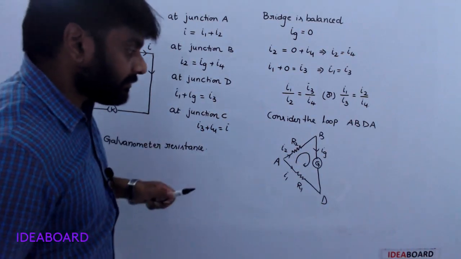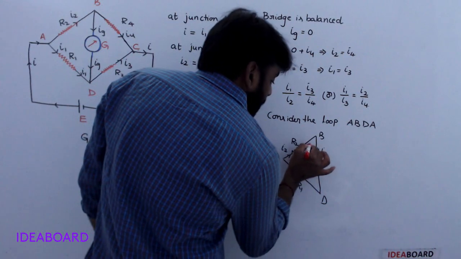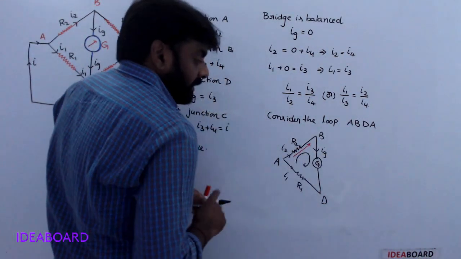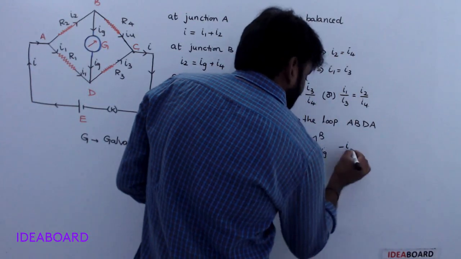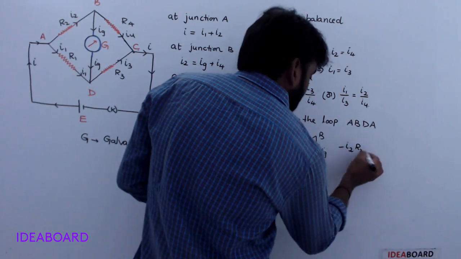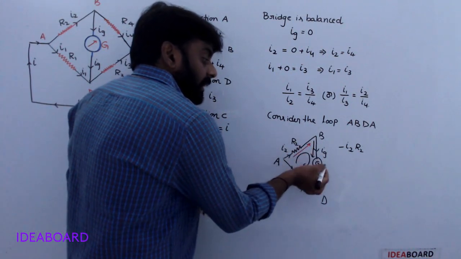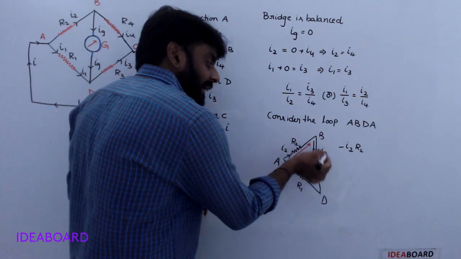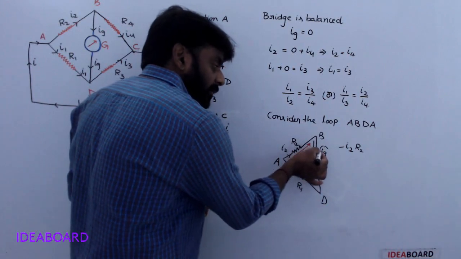First of all, along the current direction, the change in potential is negative: minus I2 R2. In the downward direction, I am also telling clearly, in the balancing condition, what about the galvanometer current?